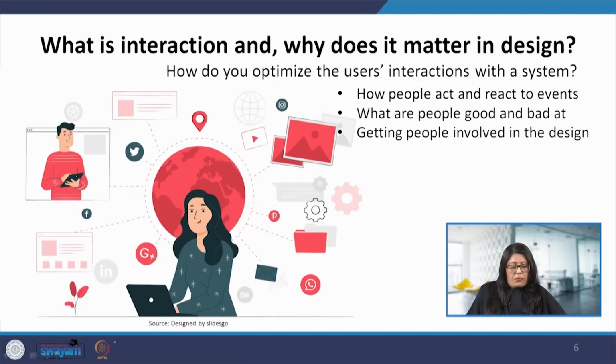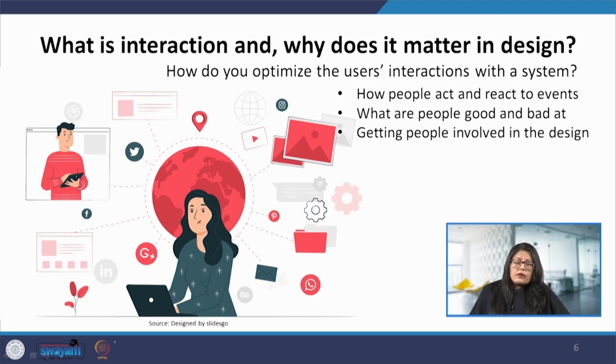So, what is interaction and why does it matter in design? Interaction design is a multidisciplinary field that focuses on the design of interactions for human use with computers.